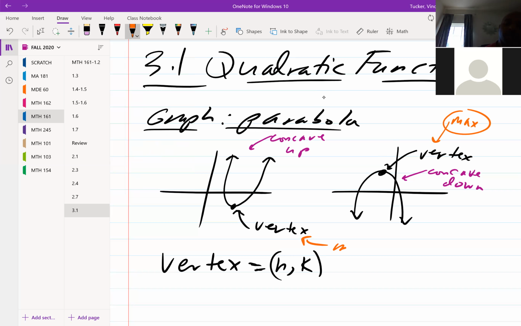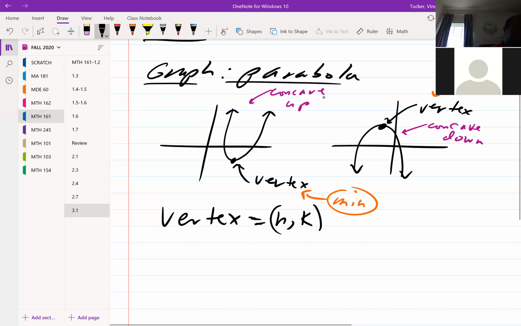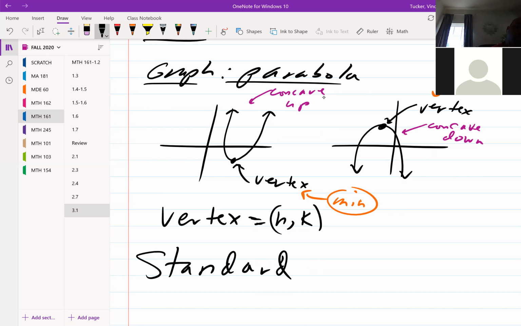This vertex is a minimum. And the coordinates of your vertex are always going to be considered (h, k).